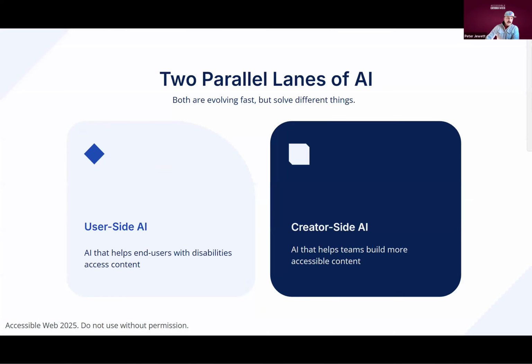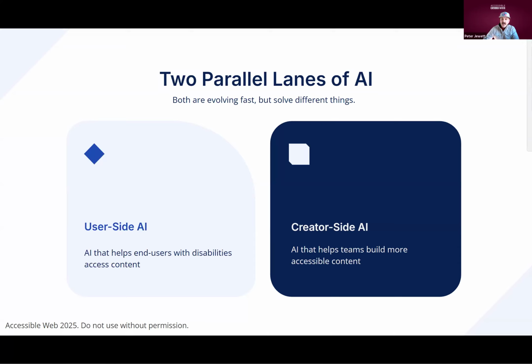lanes. The first is user-side AI, so AI that helps end users with disabilities access content. This includes generative AI built into assistive technology, visual interpretation, captions, summarization, cognitive support, and more.